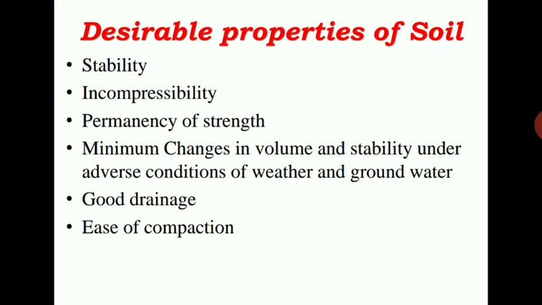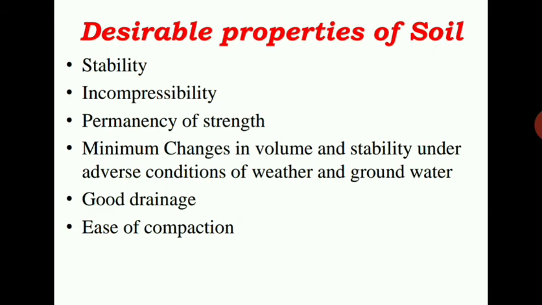So next one is minimum changes in the volume and stability under adverse conditions of weather and groundwater. Here the soil property may change because of changes in the volume and stability under adverse conditions of weather and groundwater. If you take one example, that is the groundwater.